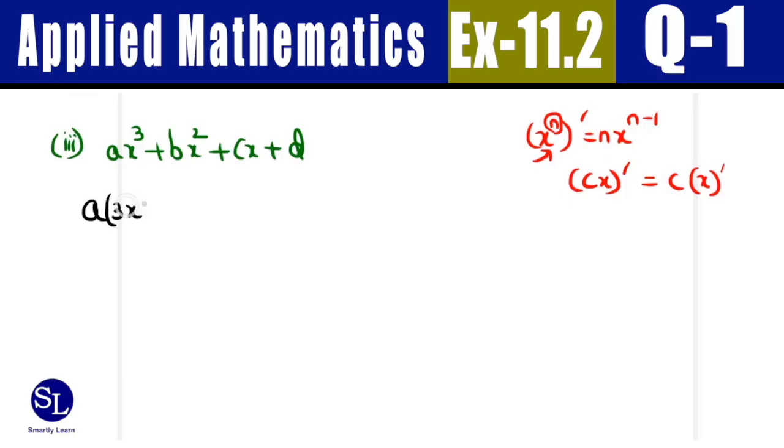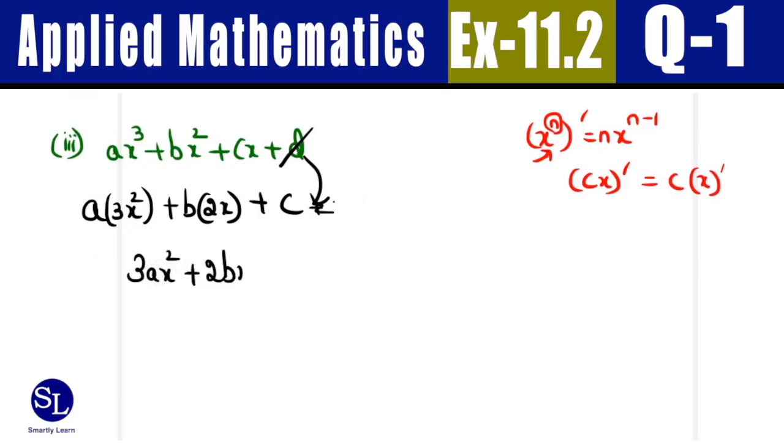So a into 3x squared plus b into differentiation of x squared, which is simply 2x, plus c into differentiation of x, which is 1, so it is plus c. Differentiation of d is going to be 0, so I'm not writing anything here. Now I'm rewriting this as 3ax squared plus 2bx plus c. So this is the differentiation of the given function.